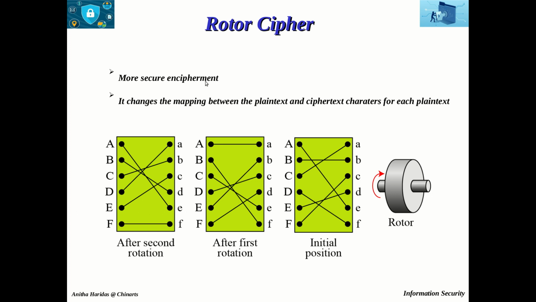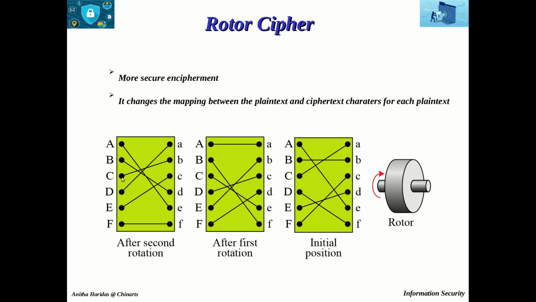It uses the idea behind monoalphabetic substitution but changes the mapping between the plain text and ciphertext characters for each plain text character.